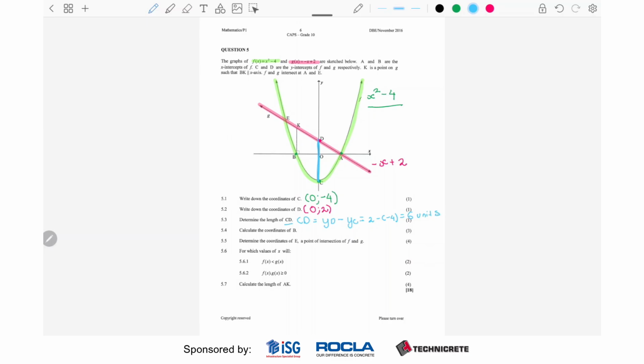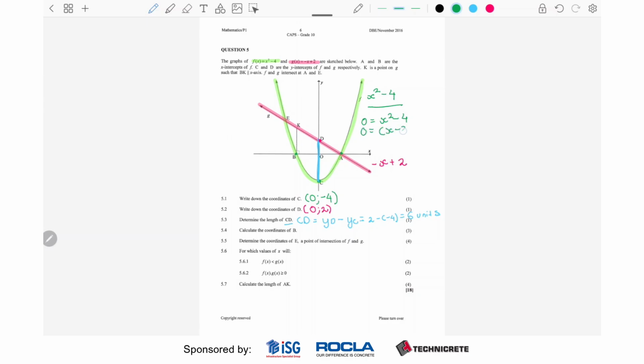Now they want us to calculate the coordinates of B. So B is an x-intercept of the green graph. So in order to find an x-intercept, we make y the value of 0. Therefore, 0 will equal x squared minus 4. And we have to factorize this since it's a parabola.